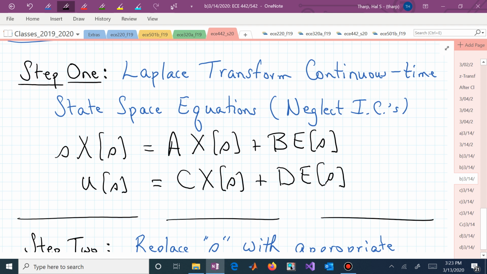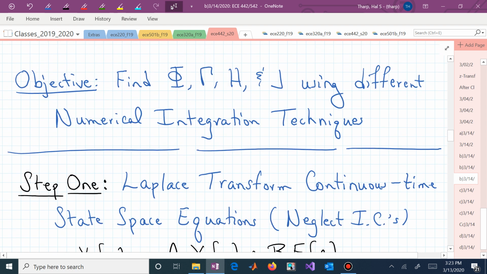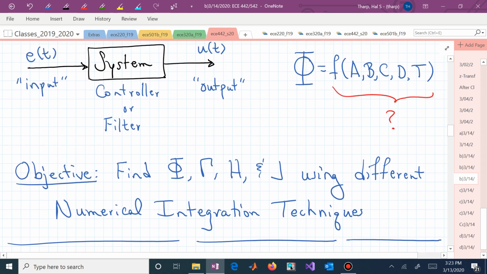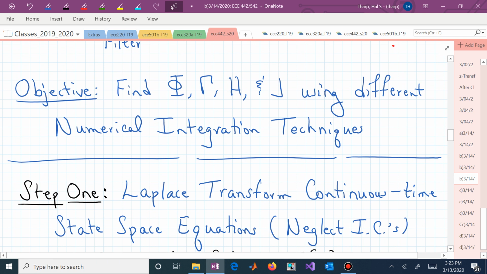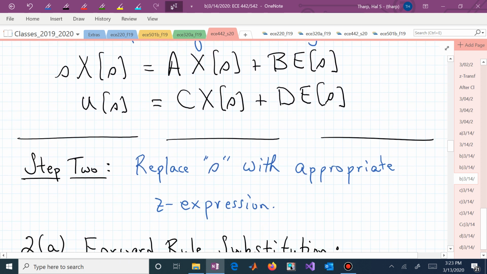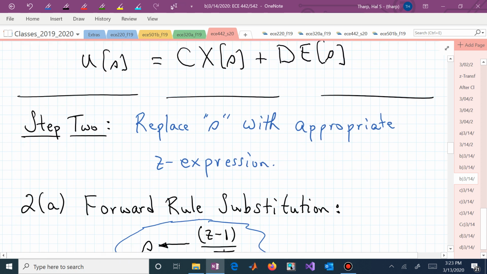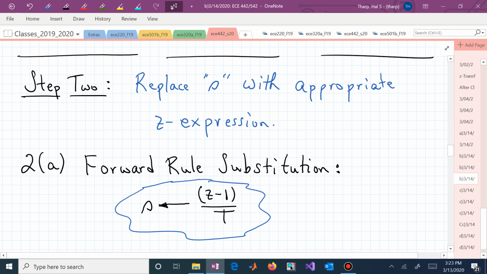What we now want to do is actually replace this operation s with what we have now derived it to be when we want to do the forward rule replacement, or replace s with the appropriate z expression to obtain the forward rule discrete equivalent.